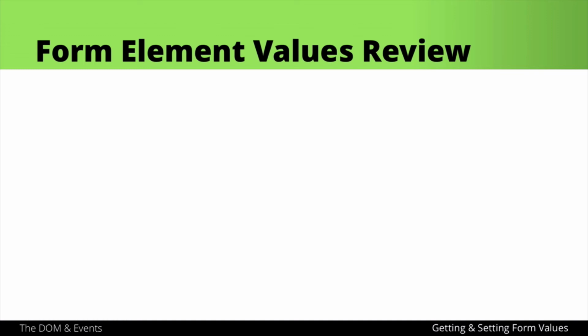So we have looked at a lot in this video here, and like I said at the beginning of part 1 of this video, working with forms is one of the largest parts of working with JavaScript. Of course, we have our animation and a lot of other stuff we could do, but working with forms is an essential part of it. So the first thing we looked at is that we have multiple ways to select a form. We could use document.form, we could use getElementsByName, getElementById, querySelector, any of these ones we've looked at in the past.